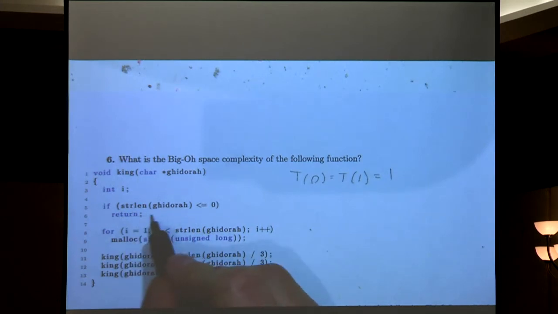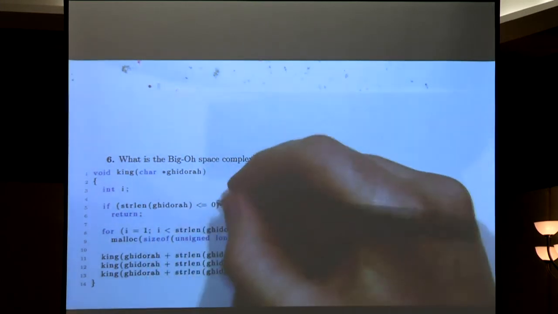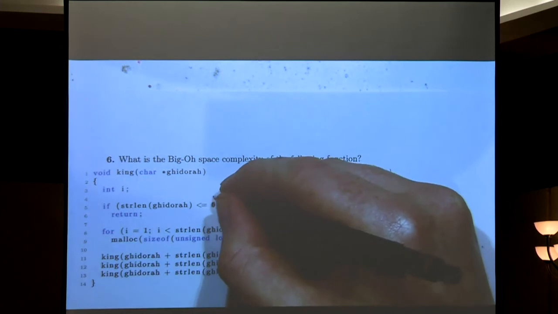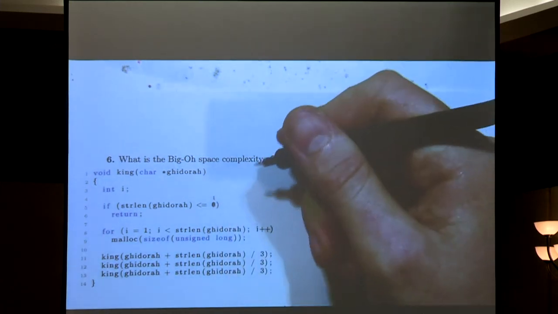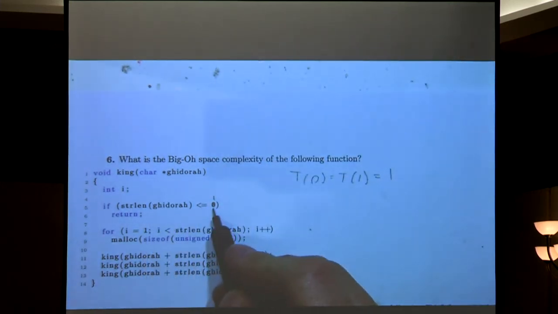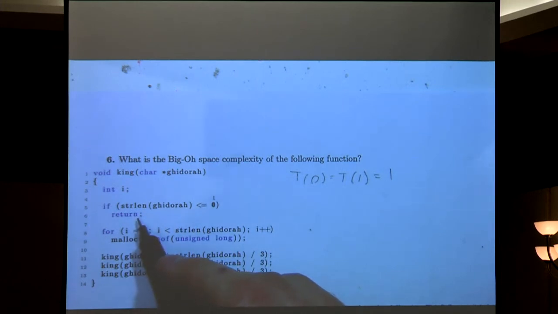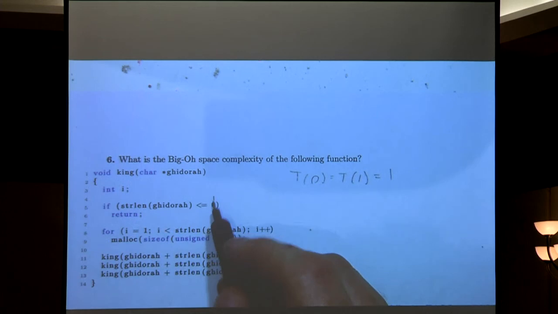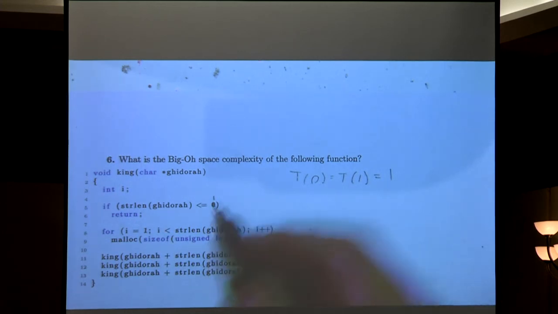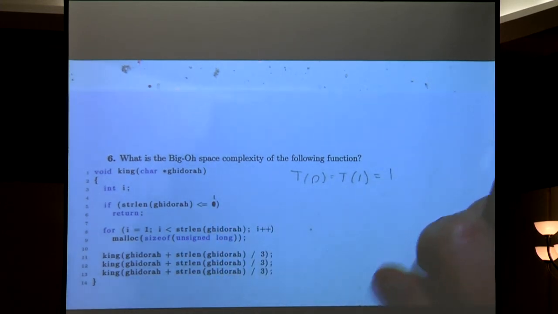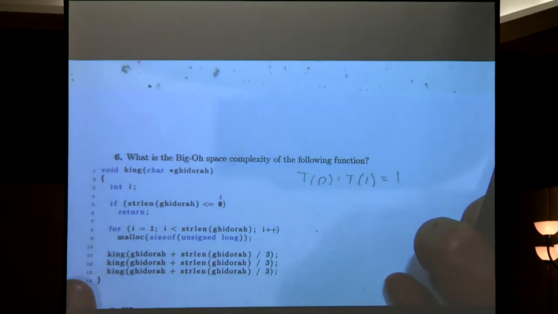I guess this should be not 0, but 1, actually. You return. That's just constant time, right? Why should this be 1 instead of 0? For the null terminator? Not quite.